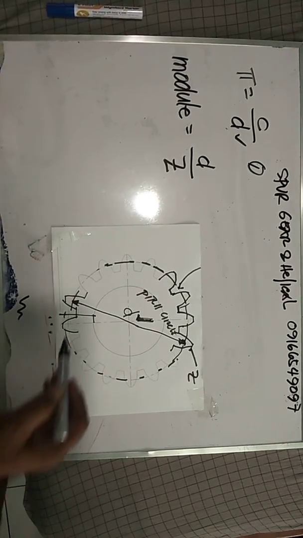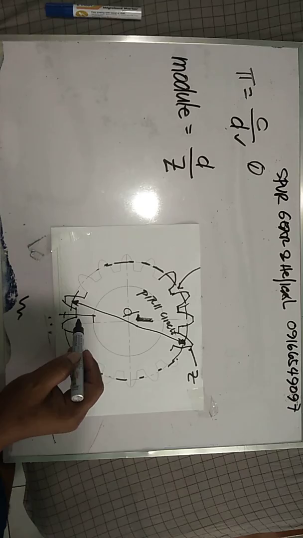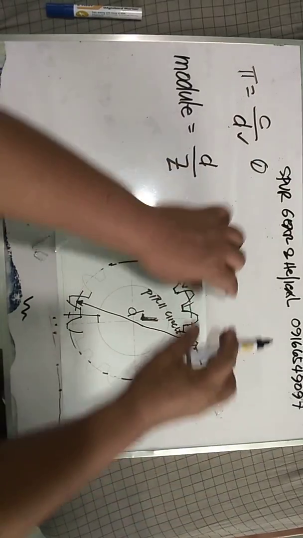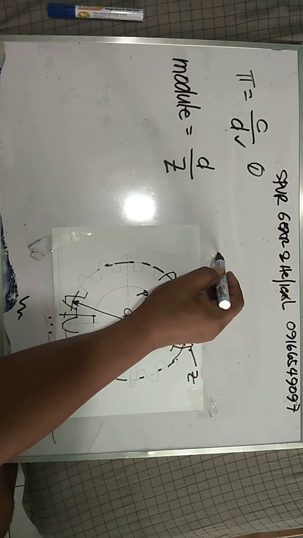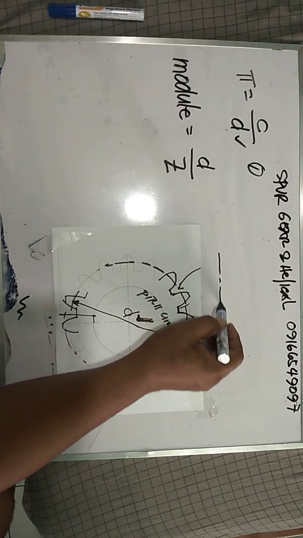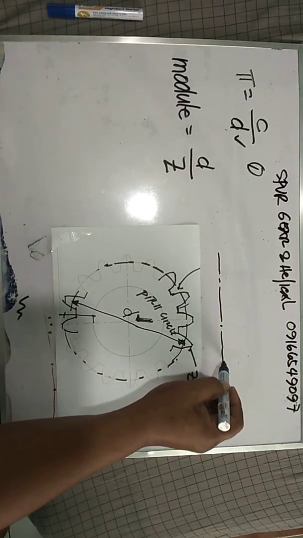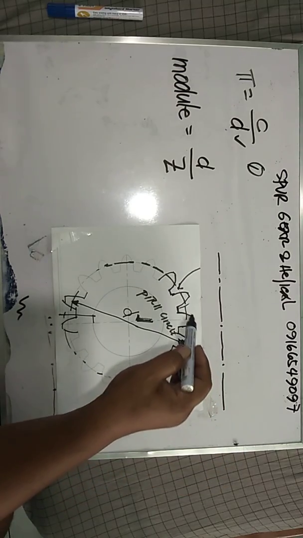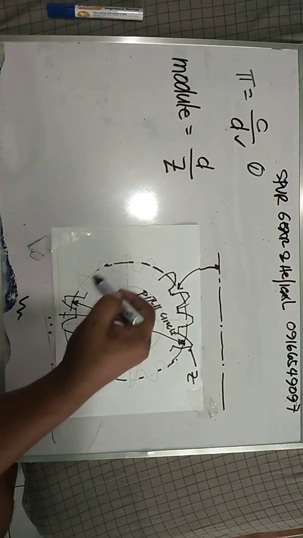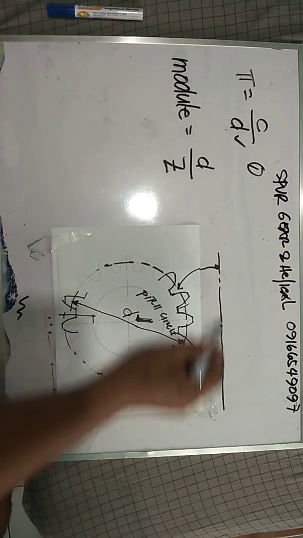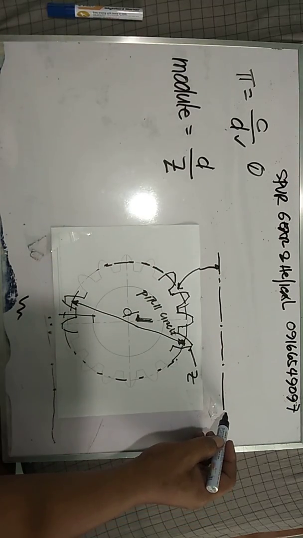If we cut this off and make it a straight line, we let this circle and stretch it out into a straight line.